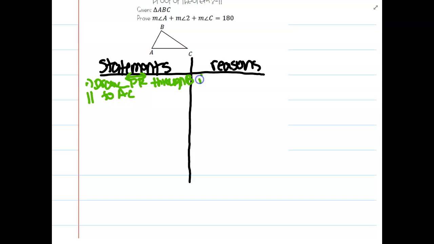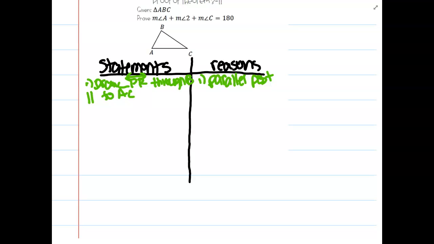Now here's the thing. Here's my reason. How do I know that I'm able to draw a line parallel to AC through a point? Why? Because of the parallel postulate. That was our new postulate that we added today, right?